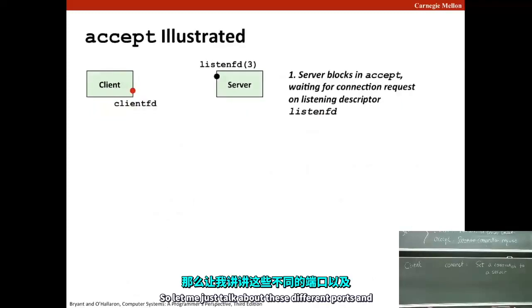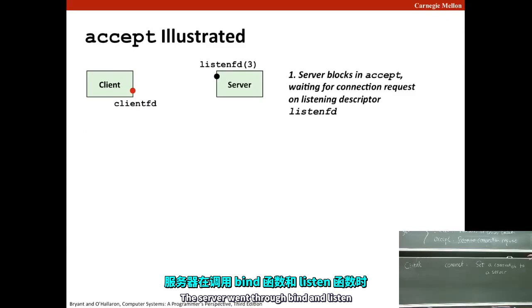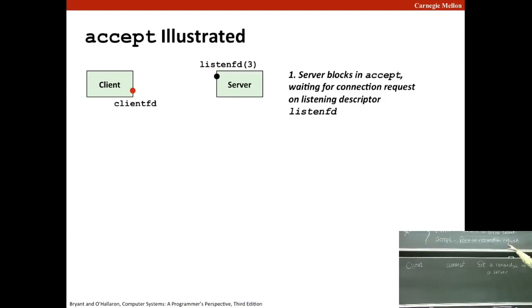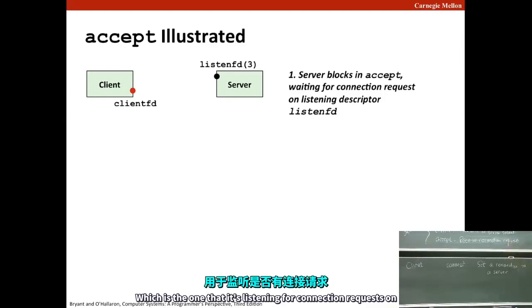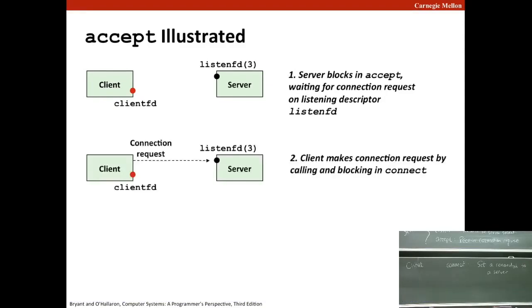So let me just talk about these different ports and what it all means when you set up a connection. When the server went through bind and listen, it created a listening port, which is the one it's listening on for connection requests. And then the client, when it called socket, was given a particular file descriptor for that socket.